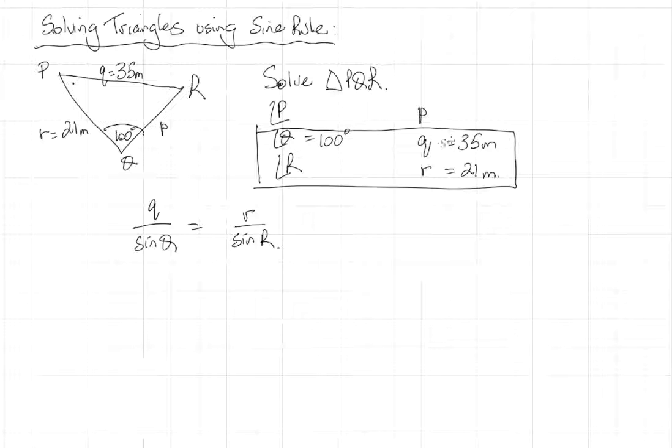We then substitute the values. Q is 35 over sine of 100 equals R is 21 over sine R.